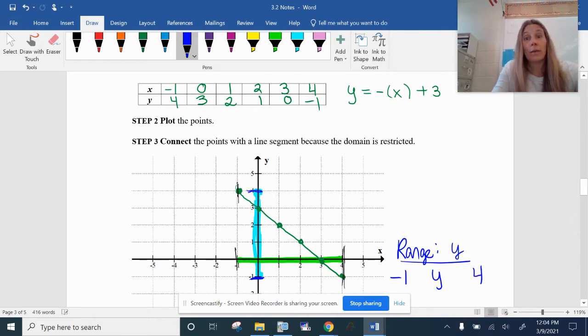Just so happen that they're the same values that we had on the domain. And of course, the symbols have to be opening up towards the number on the right, because that's the bigger number. So -1 is less than or equal to y, which is less than or equal to 4. That just means y has to be a value between those two numbers.